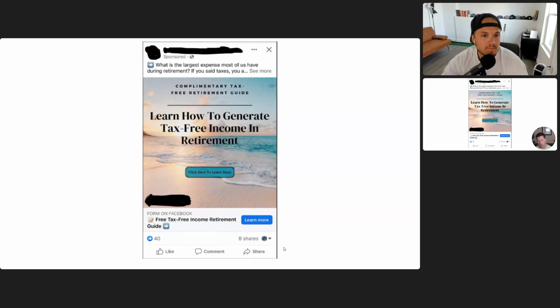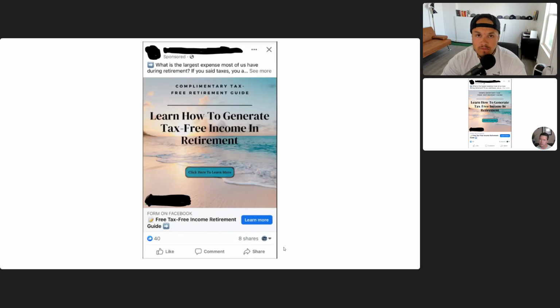But we're getting closer as far as the eye-catching words, right? Tax-free, like learn how to generate tax-free income in retirement. That's a pretty powerful statement that someone would probably want to learn more about, right? Yeah. This ad, there's some good things that will draw your attention and make you stop scrolling.